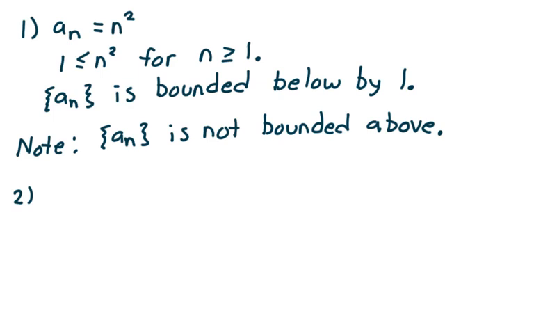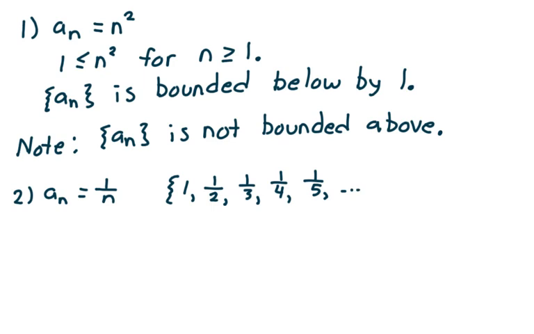Now, let's go back to number 2. If I have a sub n equals 1 over n, right? Now, I want you to look at the terms of the sequence. We have 1, a half, a third, a fourth, a fifth, and it keeps going and going.